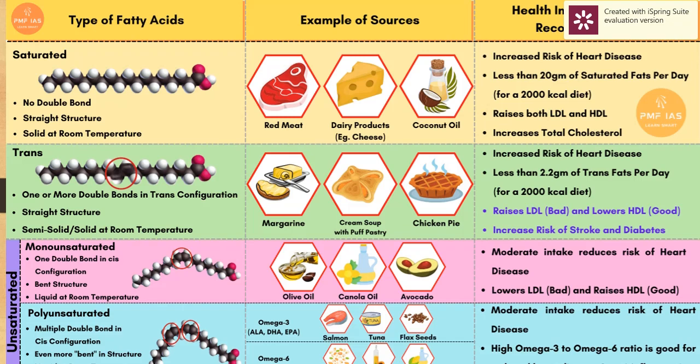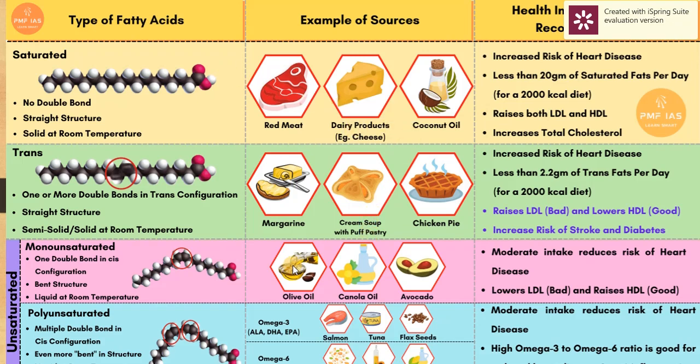We said that saturated has no double bond, and unsaturated has one or more double bonds, maybe monounsaturated or polyunsaturated. Examples of sources of saturated are red meat, coconut oil, and dairy products.